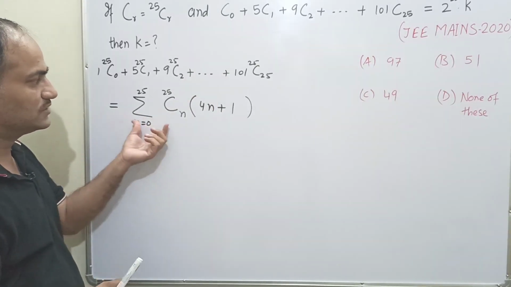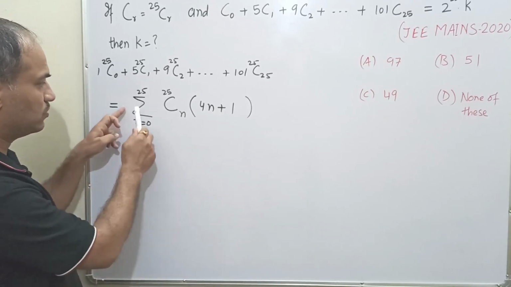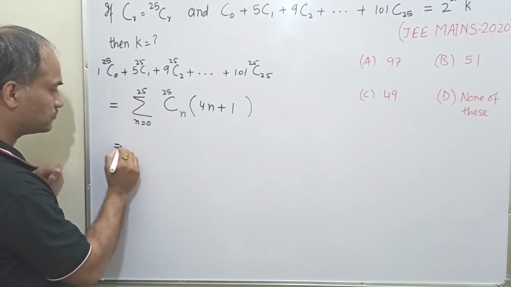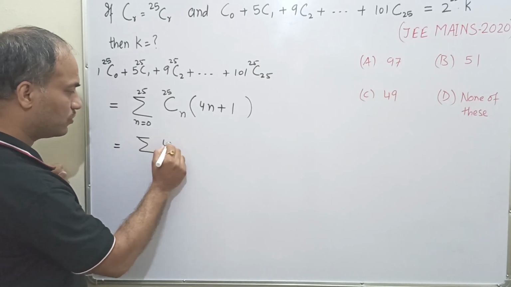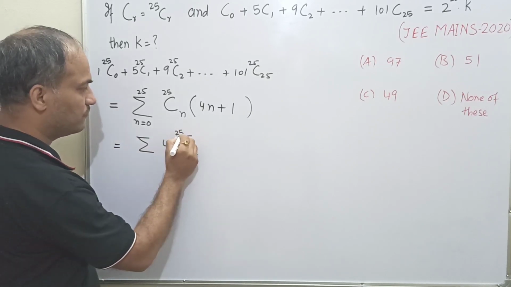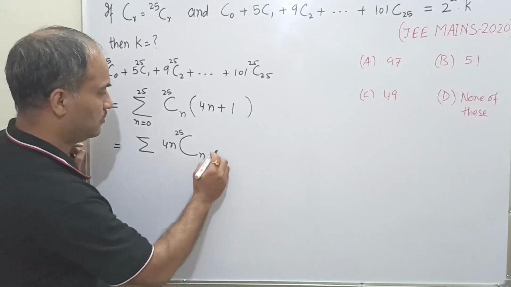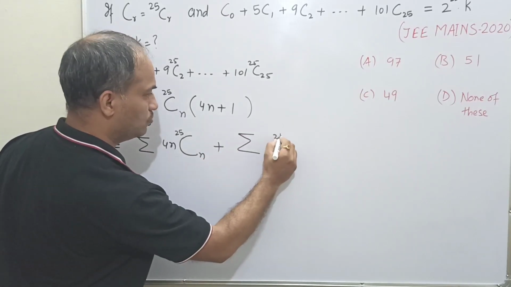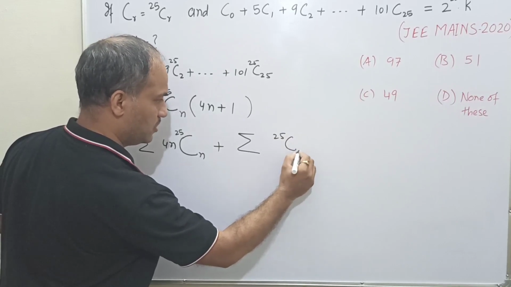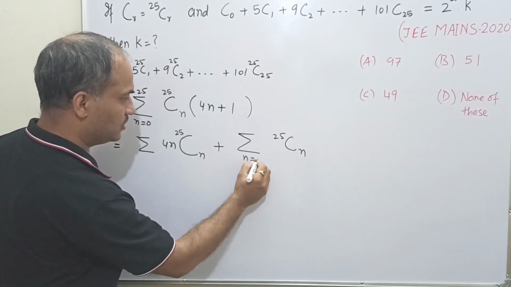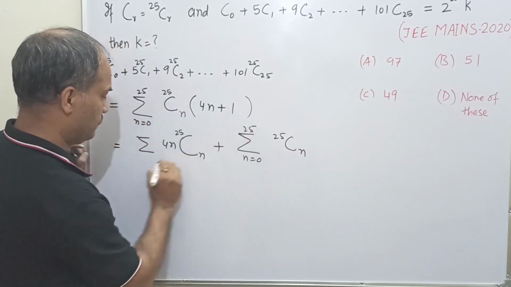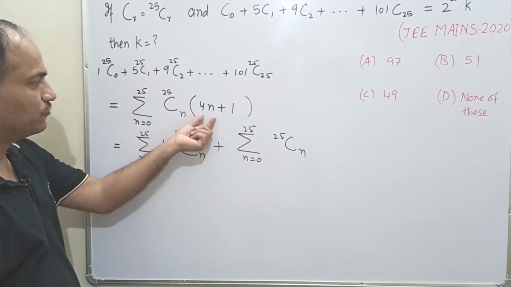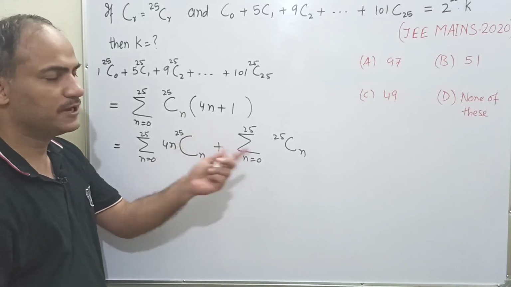Now this term can be split into two terms because summation can be applied on both. So this will become summation of 4n into 25Cn plus summation of 25Cn, where n varies from 0 to 25 in both.